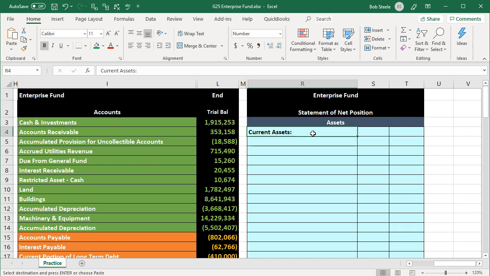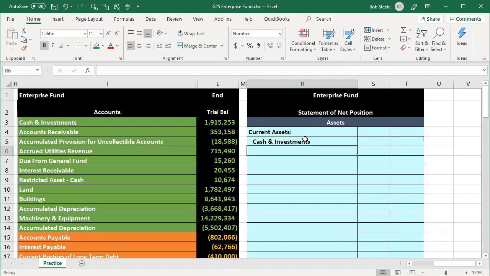We're going to have current assets and long-term assets if they are applicable, if they are in the enterprise fund, and therefore we're going to break out the subcategory of current assets as you would have in a for-profit organization, things you don't see typically in the modified accrual basis, which other types of funds are in, the modified accrual for the governmental type funds, which is the largest category of funds. So this is a proprietary fund, therefore we're using the accrual basis, therefore we have current assets and long-term assets broken out.